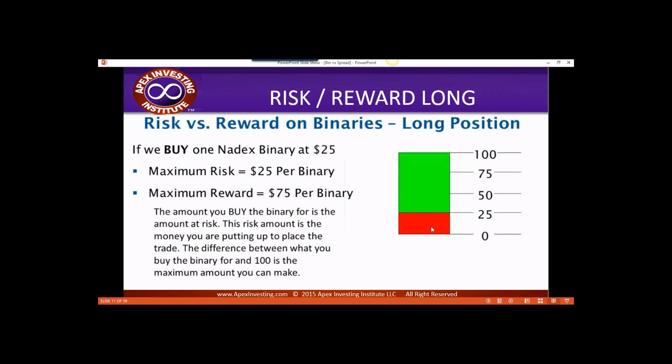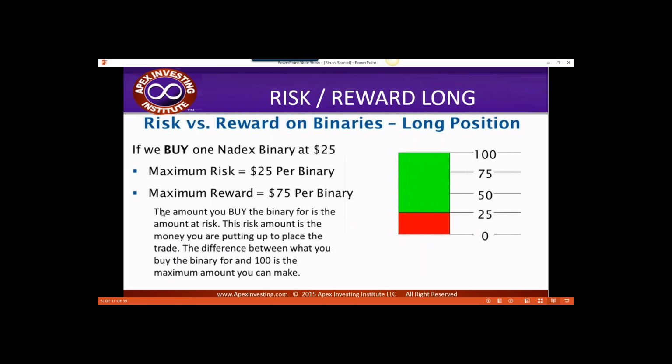The amount that we put up to enter this trade, the amount we buy the binary for, is our max risk. What's our maximum reward? Well, if we buy this binary for $25 and it expires in the money, the statement expires true, it'll be worth $100. So the maximum reward is $75.